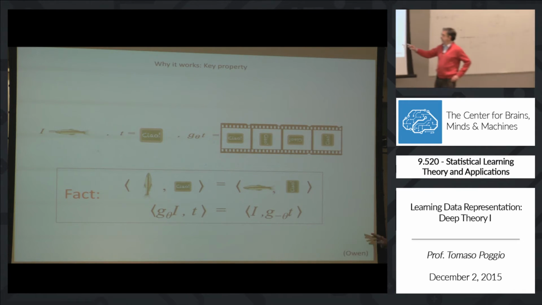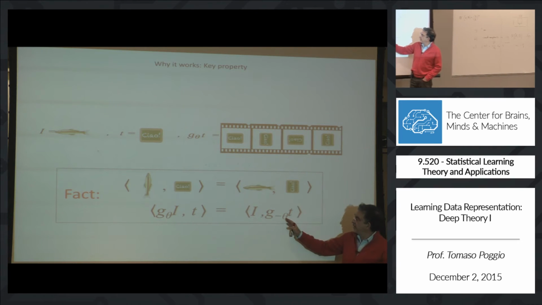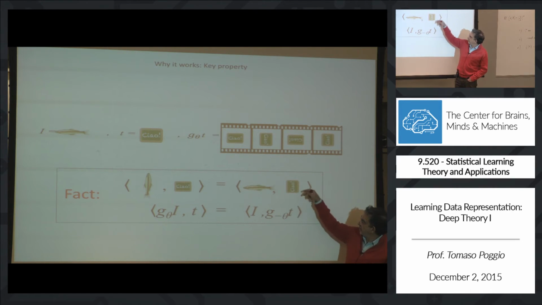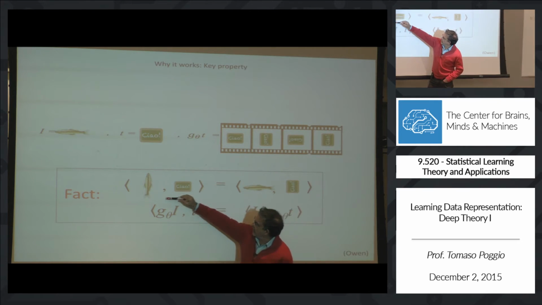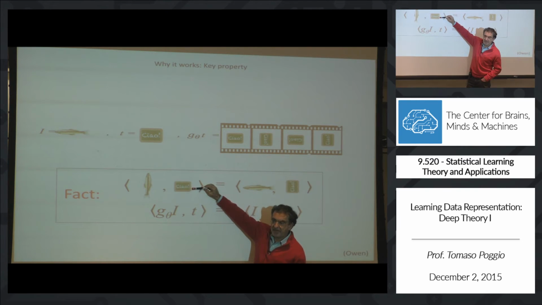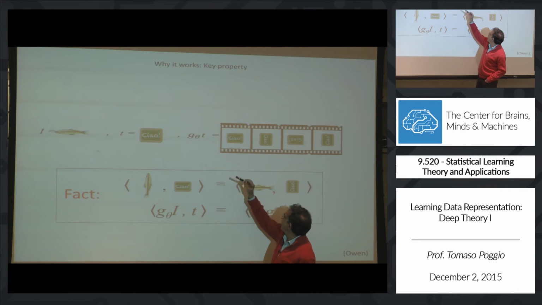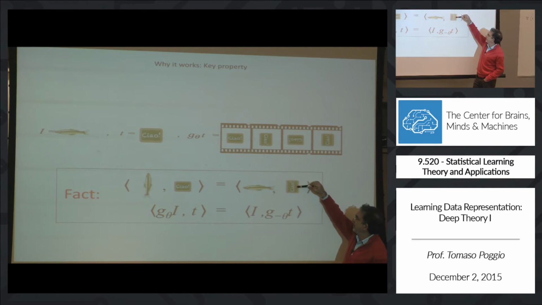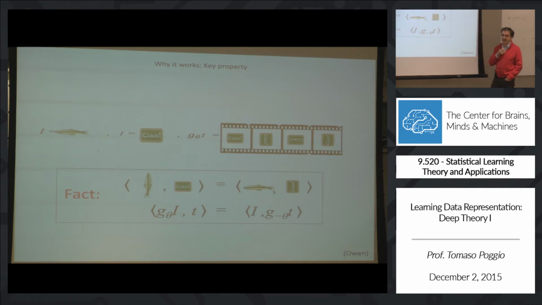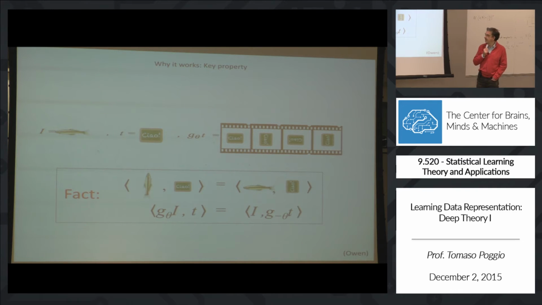So I get the same dot product if I have rotated the fish, but the template is like this, or I have the standard not rotated fish, and I rotate the template, right?